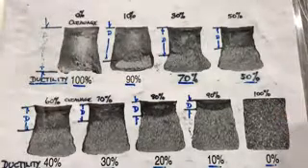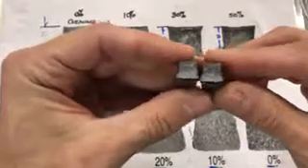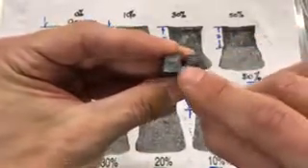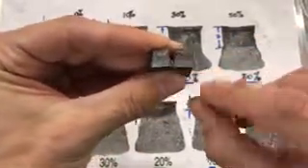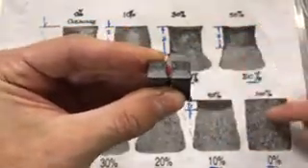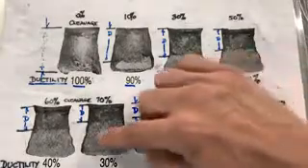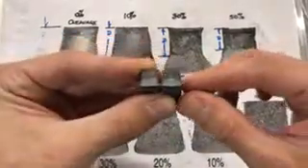So let's just try to assess our sample. So here, as you can see, this lower portion of the sample is really shiny, and it represents some brittle fracturing.